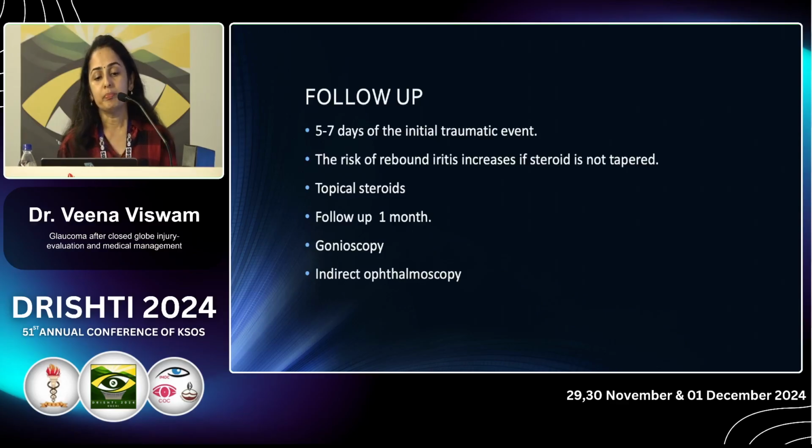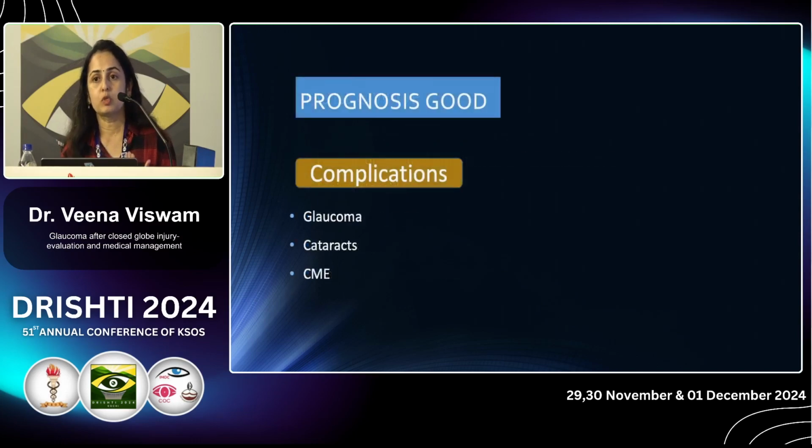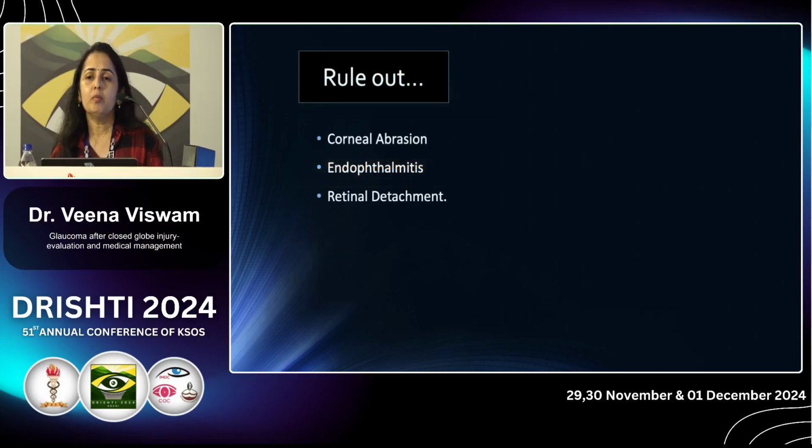Gonioscopy and indirect ophthalmoscopy, as I have already said, should be done on every visit. Prognosis is good, and complications like glaucoma, cataracts, cystoid macular edema, etc. should be kept in mind on every follow-up. In mild uveitis, always rule out a corneal abrasion, which may sometimes be missed.